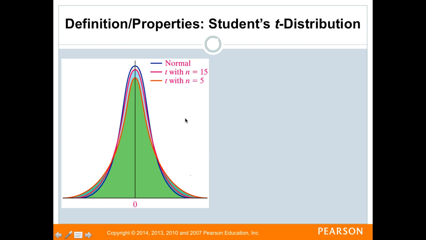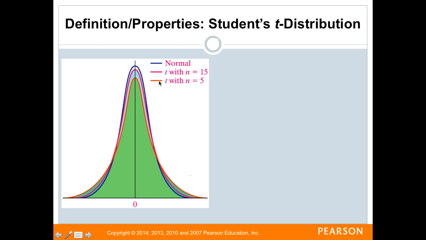If we take a look at a little graphic of what this looks like, the blue is just your normal distribution. You'll see it has the smallest tails, but it looks very similar to the others. The pink, which is hard to tell apart, is just slightly higher in the tails. This is for n equals 15.